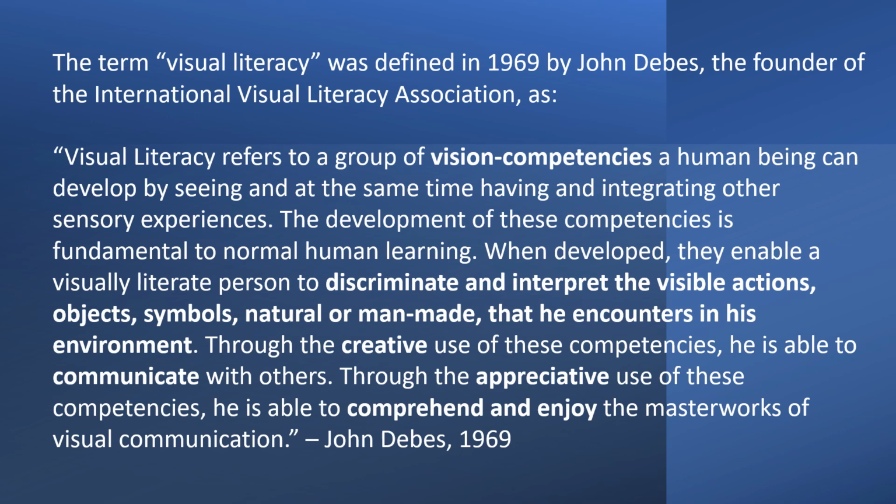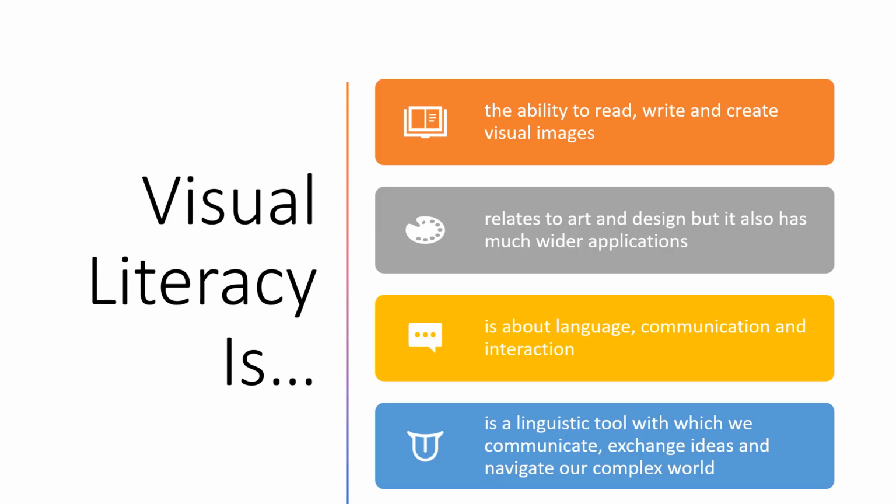So visual literacy is critical. It's a very, very important part of our world today. Probably, of course, it's always been important, but now more than ever because of our access to the virtual world. So essentially, visual literacy is the ability to read, write, and create visual images.